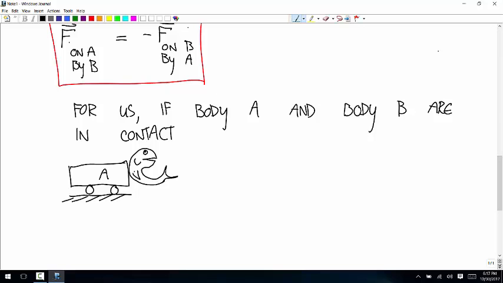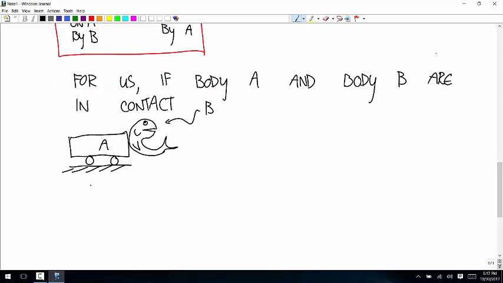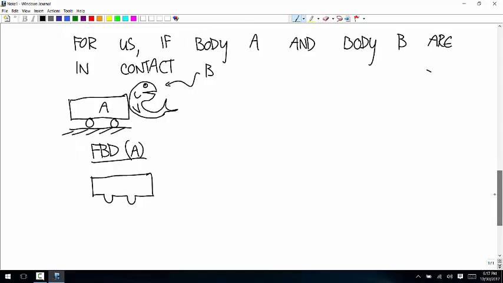That's body B. And a free body diagram of body A has the weight of the thing, so I'll say MA times G going down, and then a contact force going up.